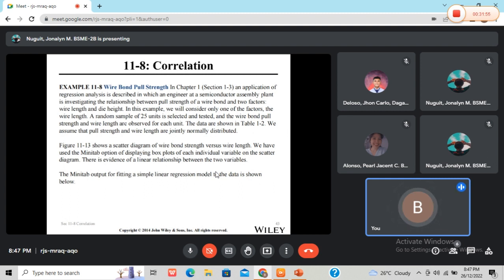We assume that pull strength and wire length are jointly normally distributed. Figure 11-13 shows a scatter diagram of wire bond strength versus wire length. We have used the Minitab option of displaying box plots of each individual variable on the scatter diagram, and there is evidence of a linear relationship between the two variables.